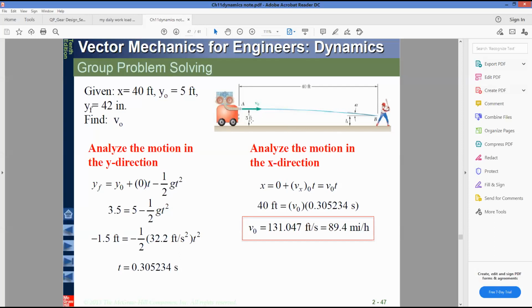Next, yf, from the man's side, this h is 42. So you have to find the velocity so that it maintains its height.